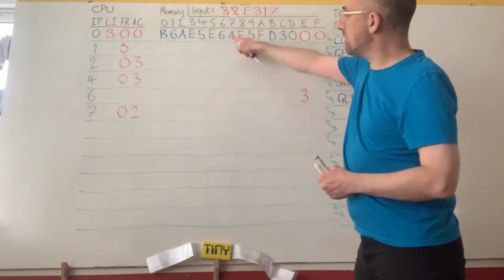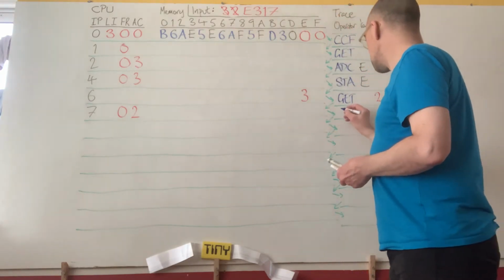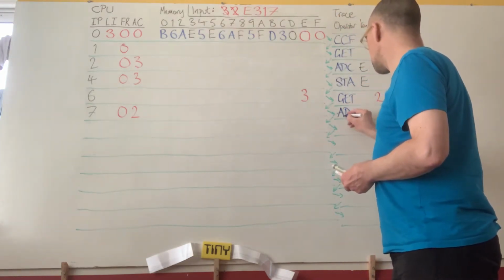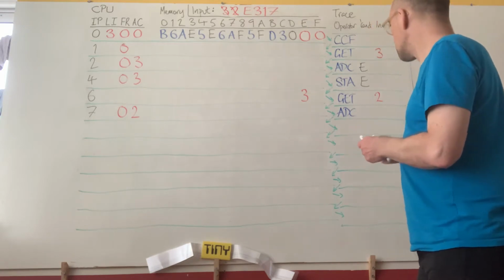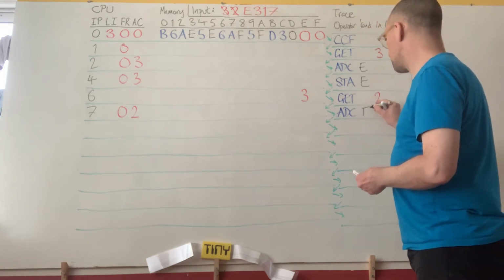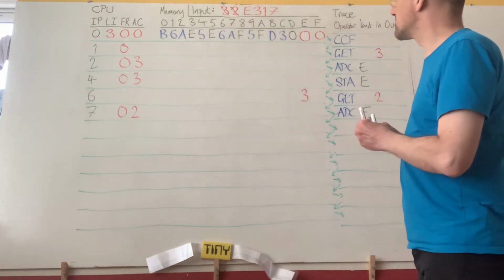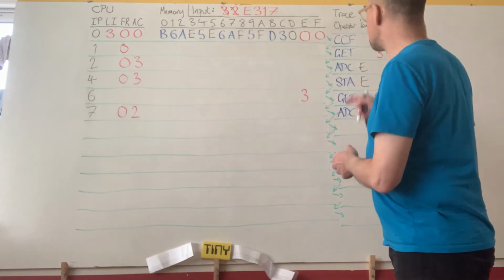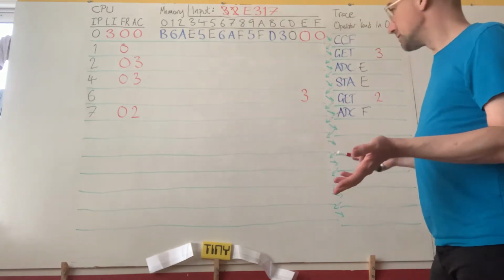And what's at 7? Another A for add with carry. This time with operand F. It's almost like the same thing's happening again. What's at F? Another 0.